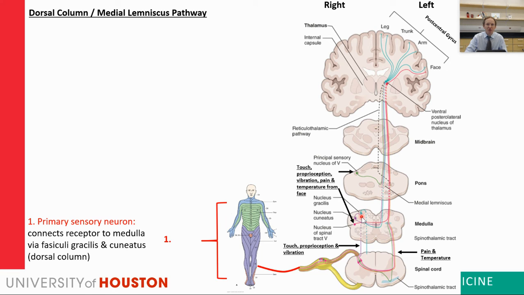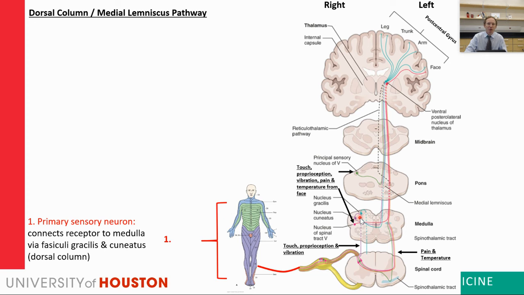The dorsal column tract is divided into two fiber tracts, the cuneate fasciculus and the gracile fasciculus. The gracile fasciculus carries axons from the lower extremities, and the cuneate fasciculus carries axons from the upper body.